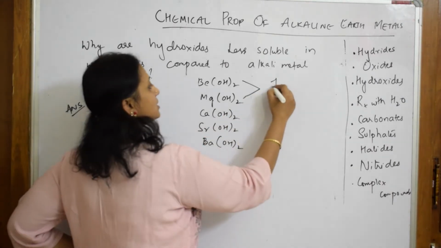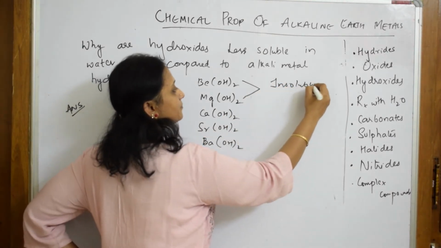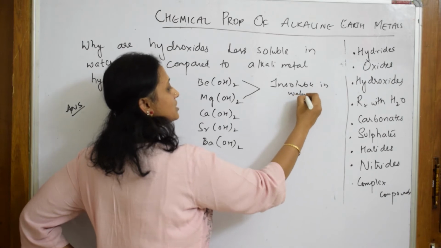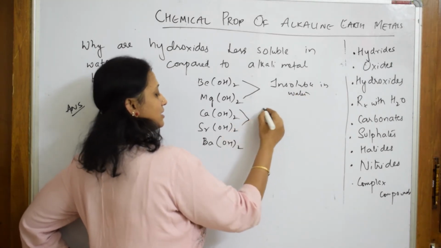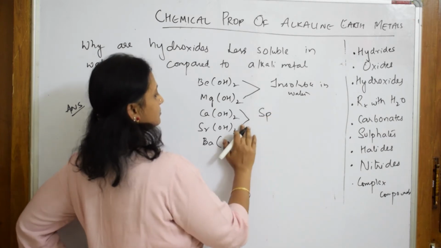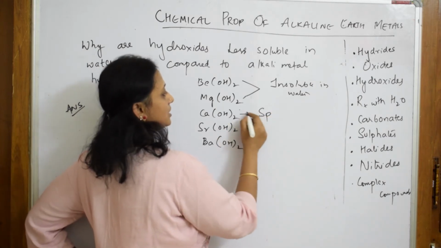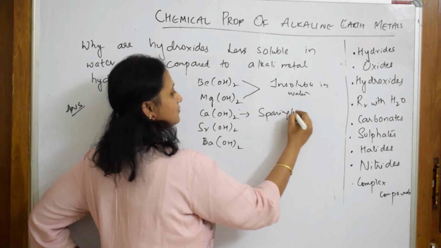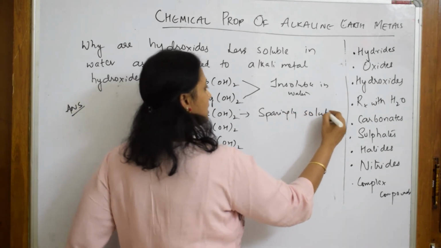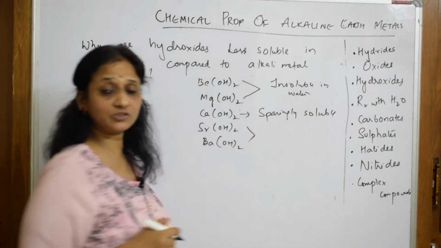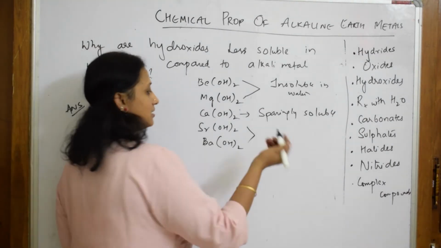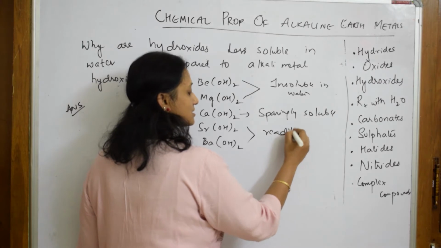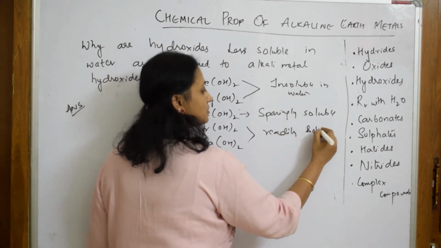Beryllium hydroxide and magnesium hydroxide are insoluble in water. Calcium hydroxide is sparingly soluble in water. Strontium hydroxide and barium hydroxide are readily soluble in water, as soon as you dissolve them.